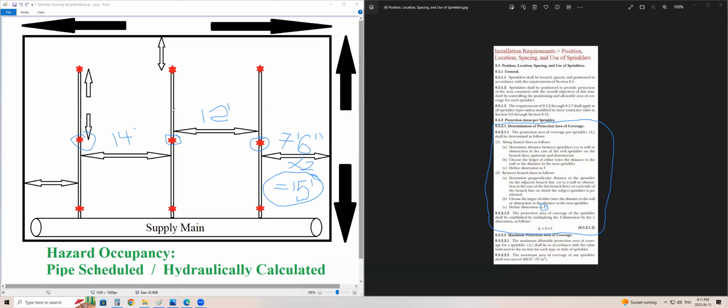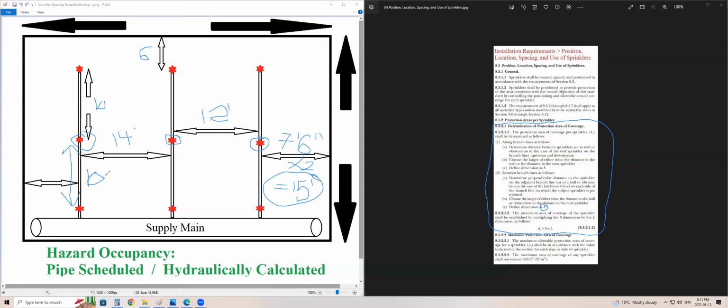I can't remember what number I used up here. Let's say, for example, I'm going to just give numbers again. Let's say that's 6 feet, and this is 10 feet between these sprinklers, and then between these two over here, it's 10 feet again.